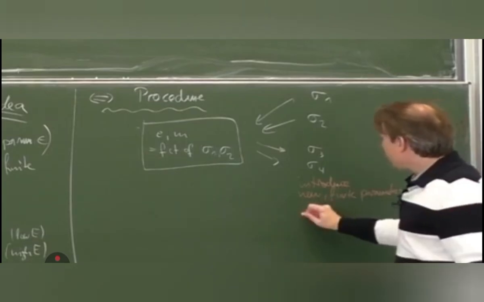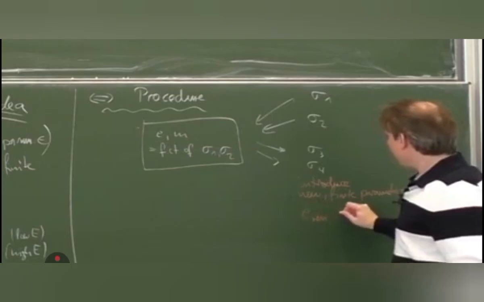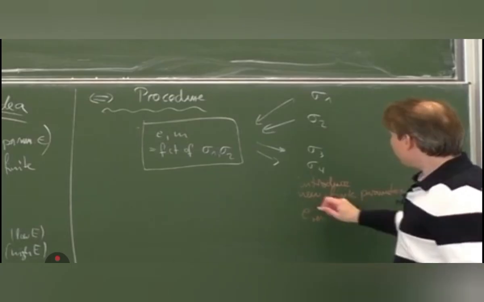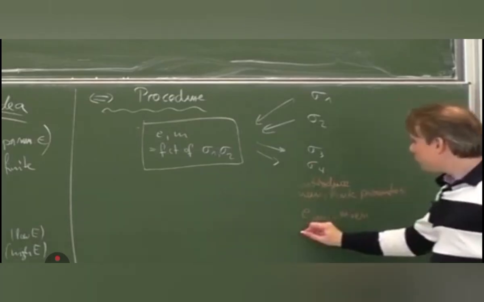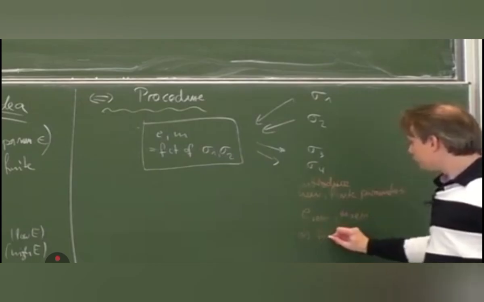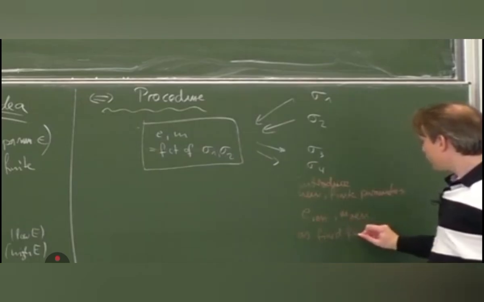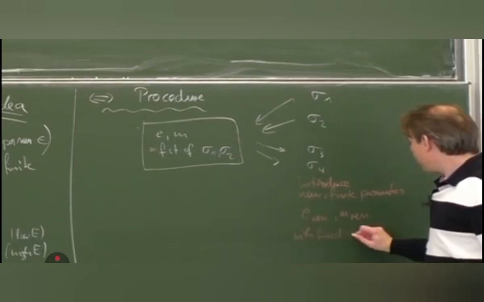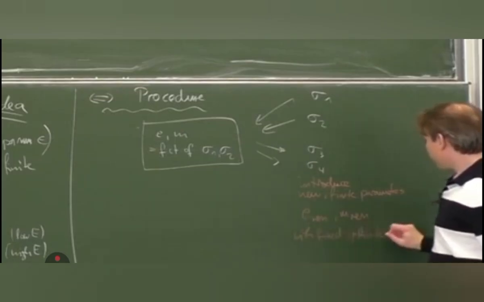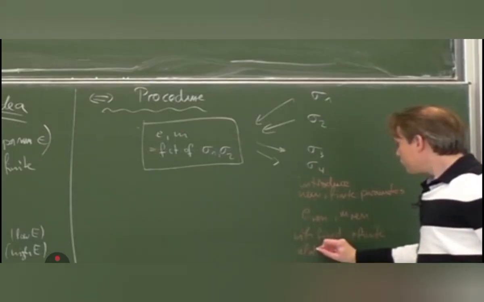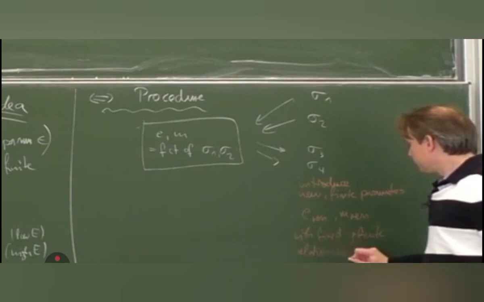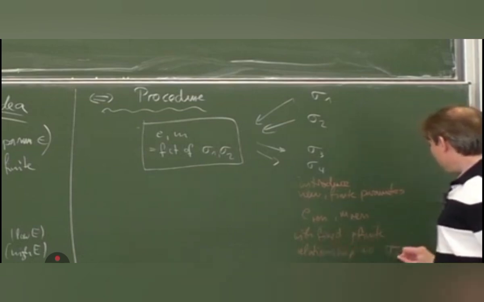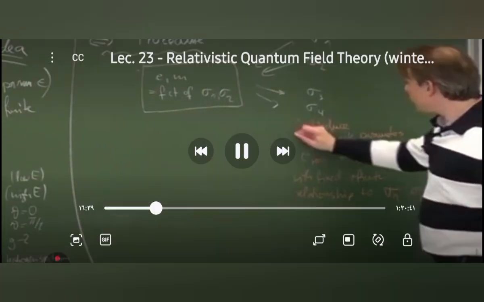Let's call them E renormalized and M renormalized, for example, as fixed functions or with fixed and finite relationship to two observables, for example, to sigma 1 and sigma 2.